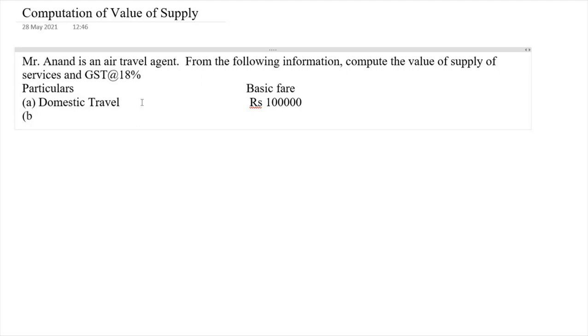Then B, international travel, the basic fare is given as rupees 4 lakhs. So this is a very simple question here. So now let us work out this one here.